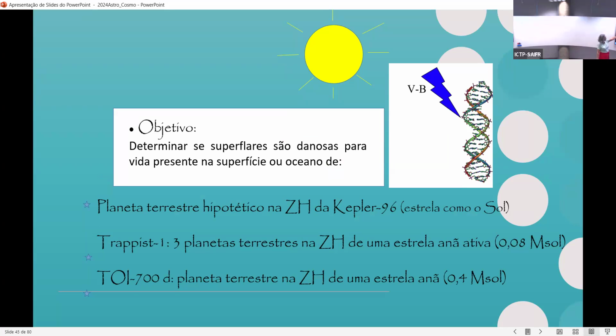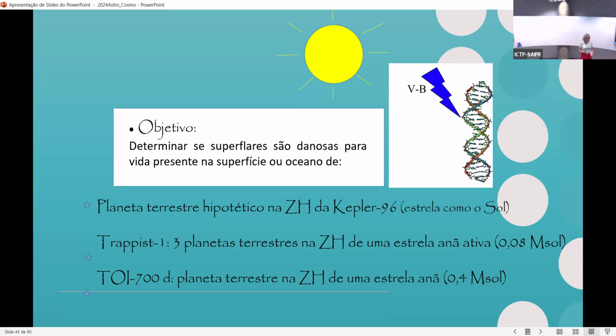So our main goal was to determine whether or not these superflares can harm the planet or any bacterial life that exists on the surface of these terrestrial planets. Anyway, it's way too close in, so it's not habitable at all.